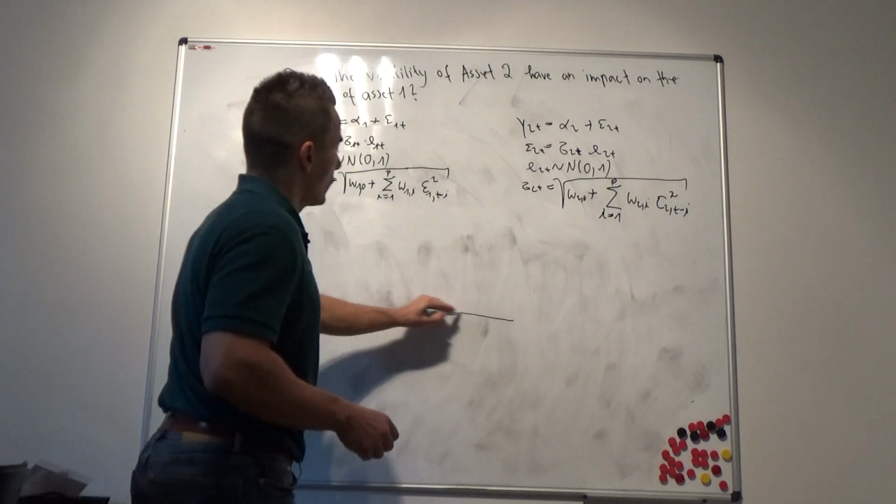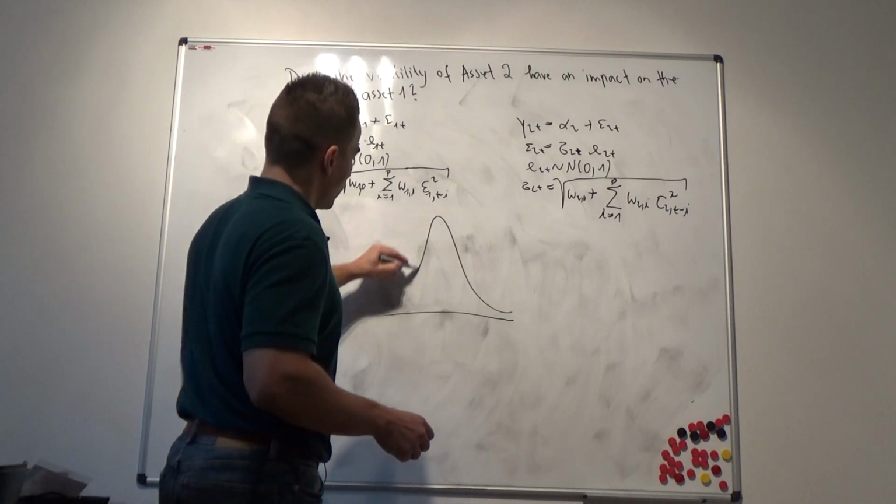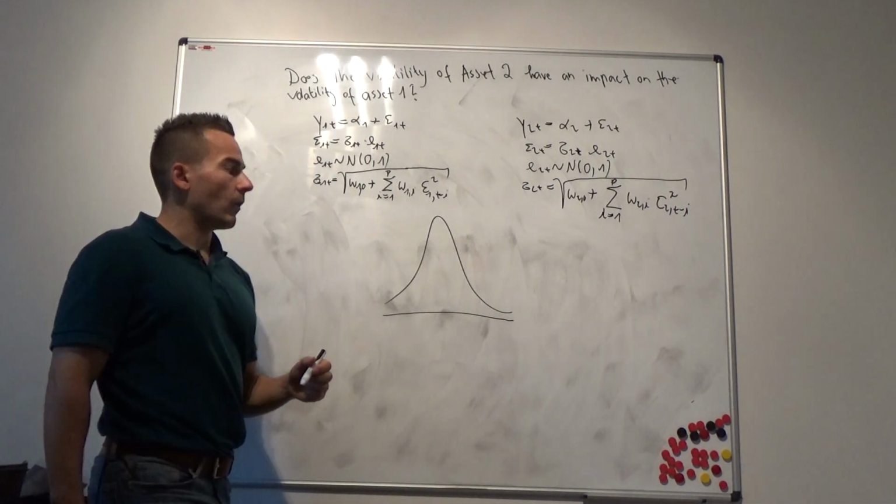So again, we have to check the t-statistics of our delta 3 and our delta 4.